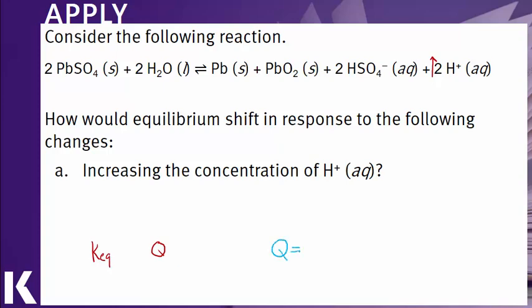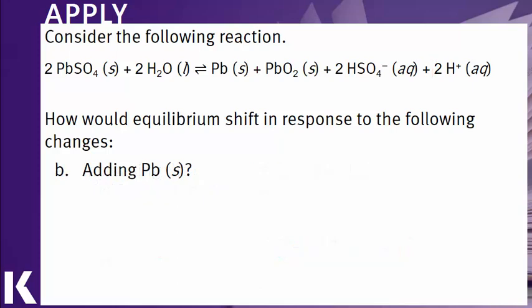So Q will equal the concentration of the products, H plus squared, times HSO4 squared. This would normally be divided by the reactants, but solids and liquids are not accounted for, so this is the entire equation. Increasing the concentration of H plus means that Q will also increase. Therefore, KEQ will be smaller than Q. Creating an arrow means that the reaction will shift towards the reactants.